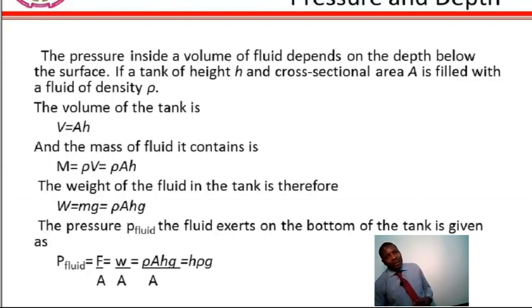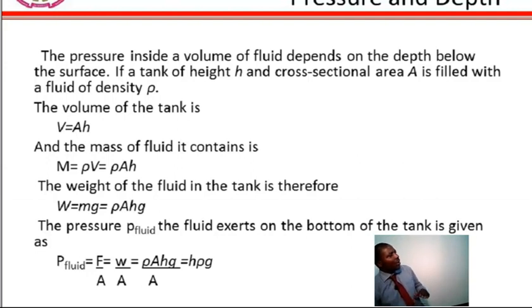So P can be written as W over A. And since we have the expression for W as rho A h g, then the pressure can now be expressed as density times area times height times g over A. A cancels out. Then we have pressure at the bottom of the tank expressed as h rho g. That is height times density times acceleration due to gravity.